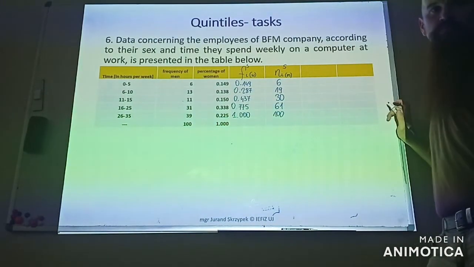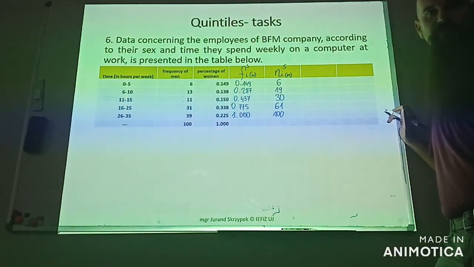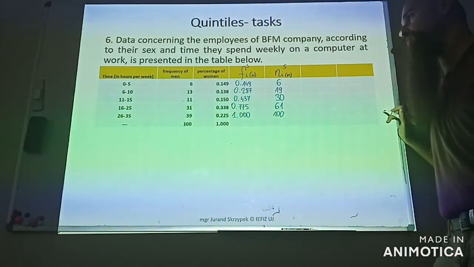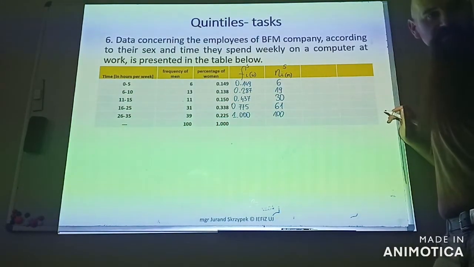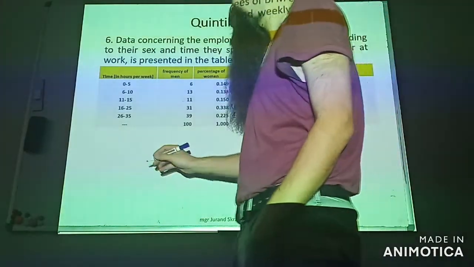Alright, the last comment says that we should compute the first and the last decile, the first and the 9th decile, for the group of men and women. Let's start with the group of men.